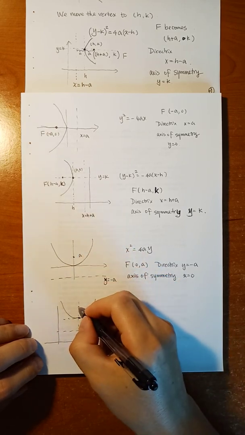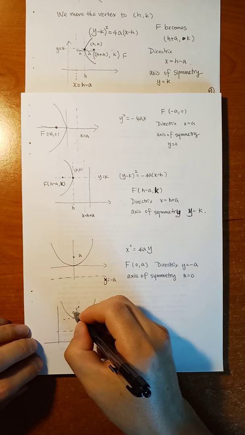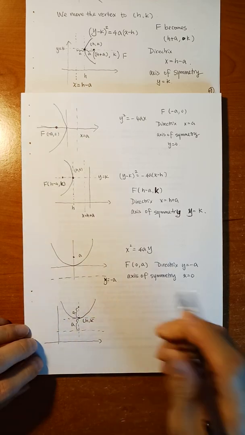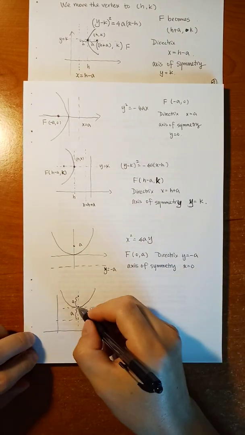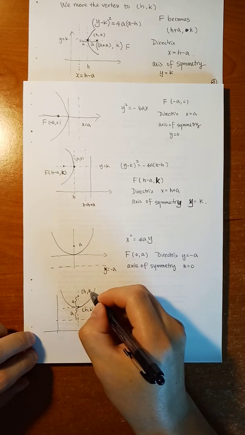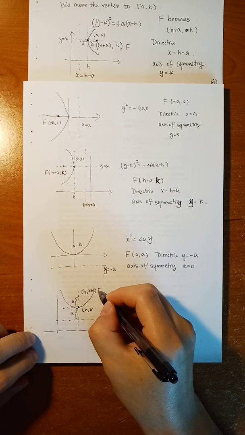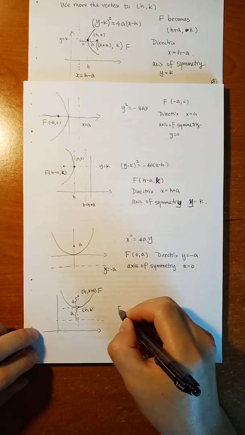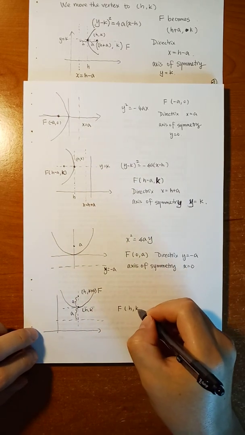Here is a, and so the distance is a. This distance is also a. So now it's k plus a, so F is h, k plus a.